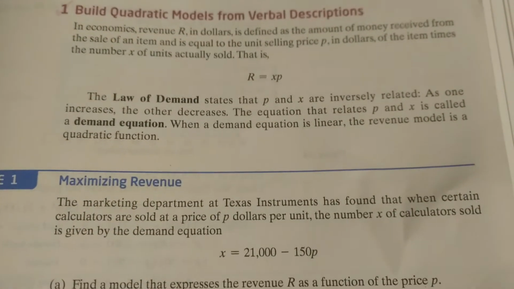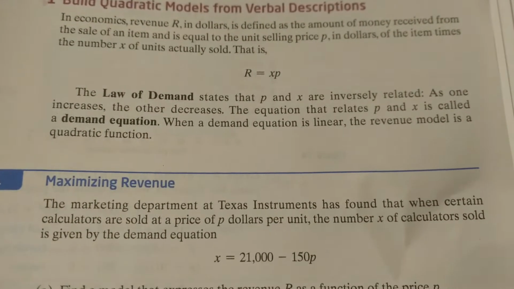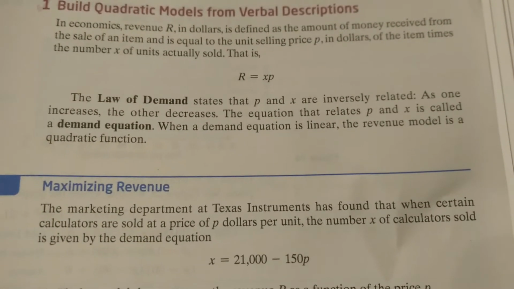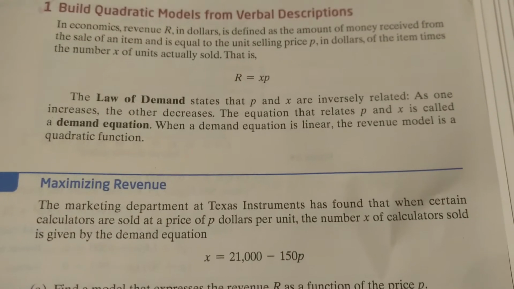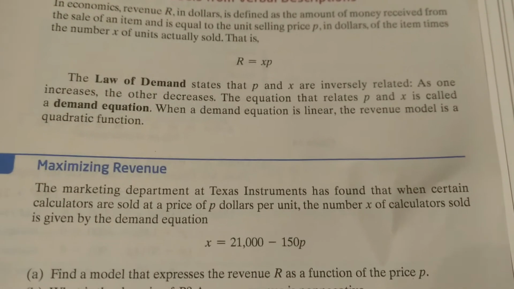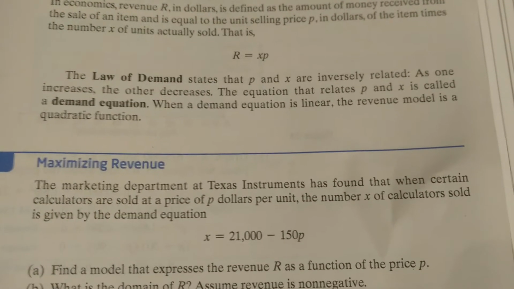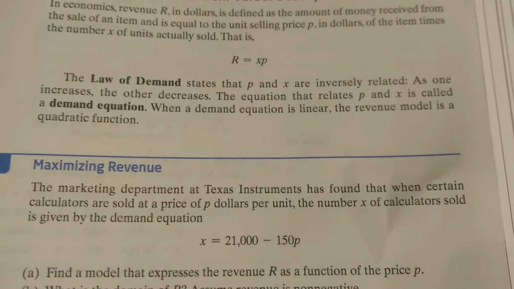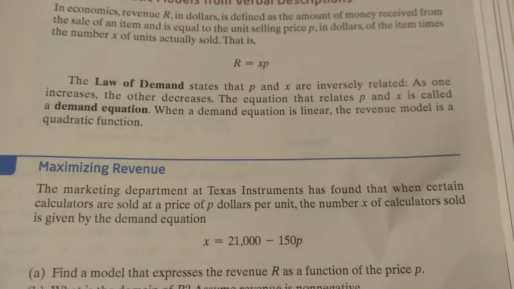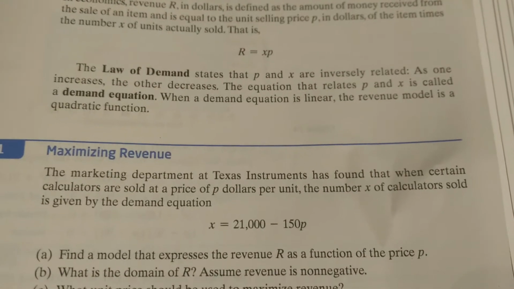The law of demand states that P and X are inversely related. So, as one increases, the other decreases. Okay, so we've already talked about inverse relationships. The equation that relates P and X is called a demand equation. When a demand equation is linear, the revenue model is a quadratic function.